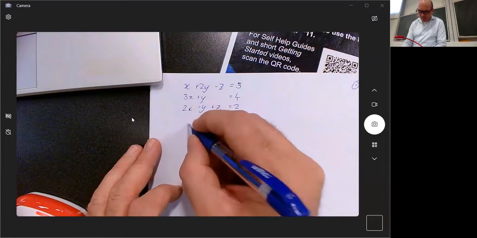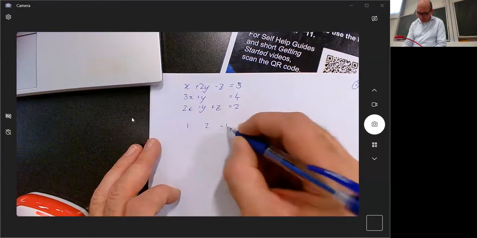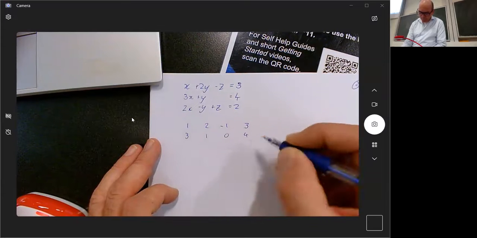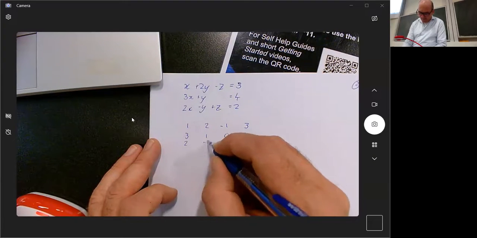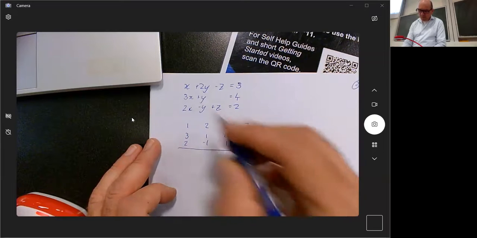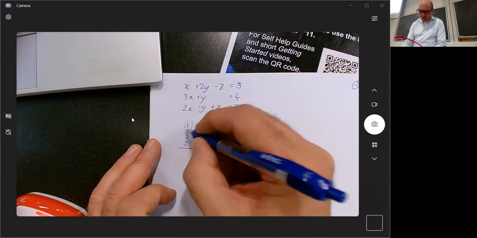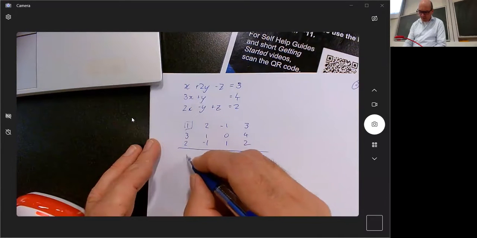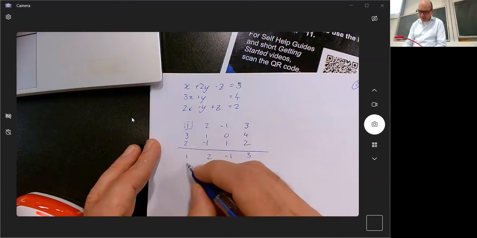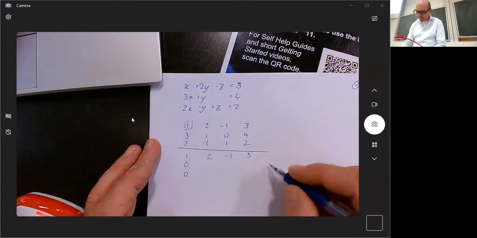So we're going to go straight to our augmented matrix. We've conveniently already got a 1 up here, so that row has my 1 in the right spot. I'm going to use it as a pivot. I'm going to make this element 0 and this element 0.